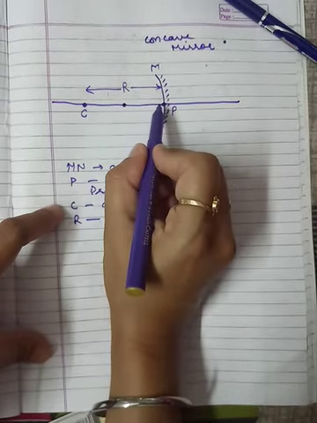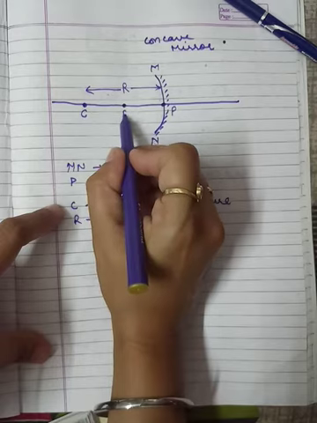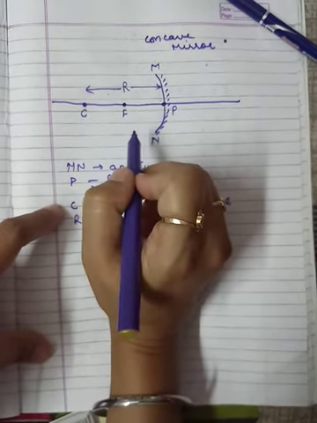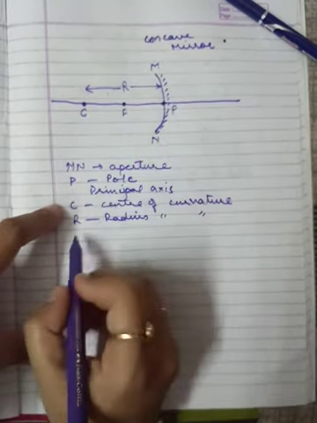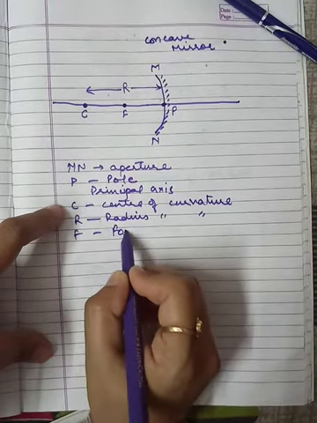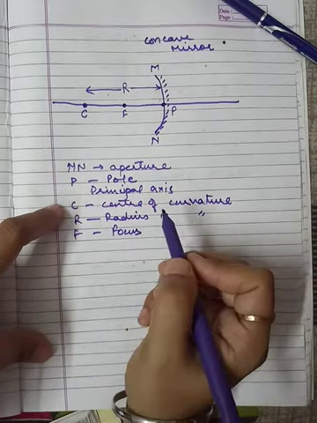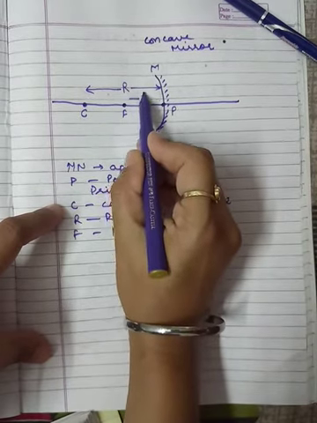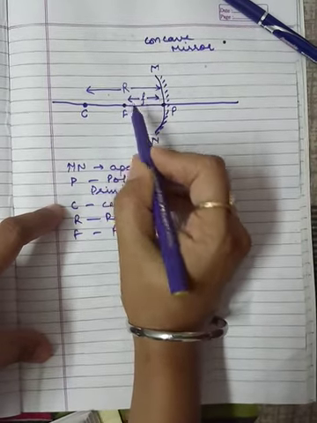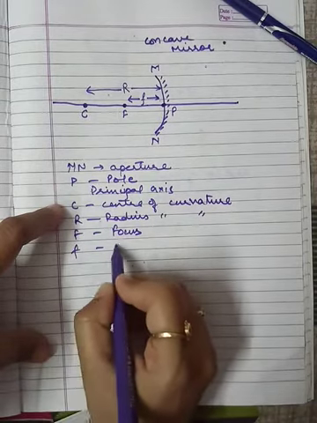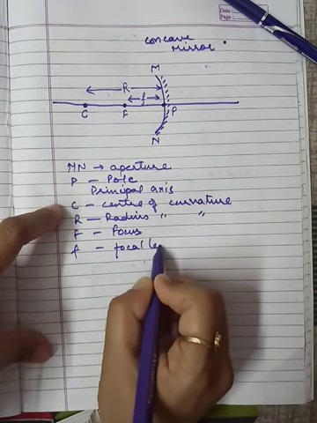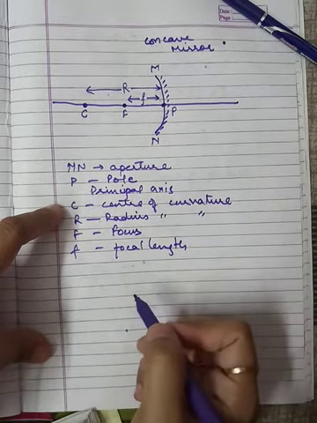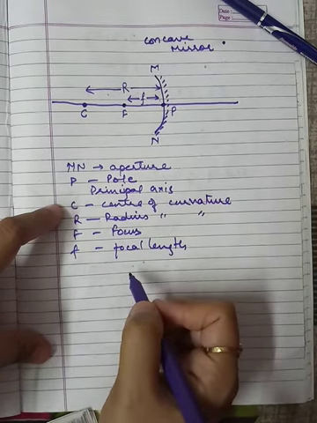It is drawn at the midpoint of C and P. So F is the principal focus, or simply called the focus. The distance between F and P is the focal length, represented by small f. All these parameters we should know.